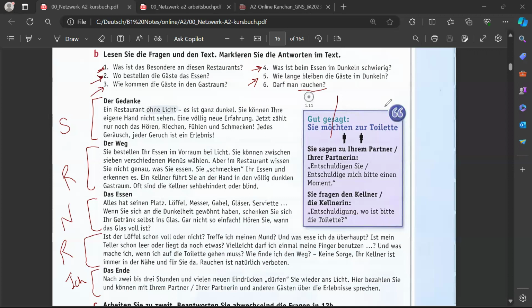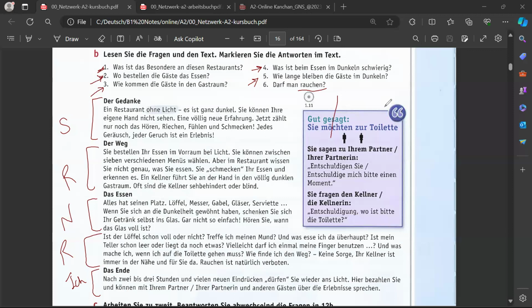So, das Ende. At the end, what happens? Nach 2 bis 3 Stunden und vielen neuen Eindrücken dürfen Sie wieder ans Licht. After 2 to 3 hours and many new impressions, you are allowed to be in the light.